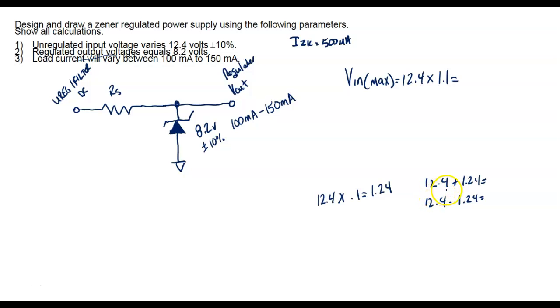So what do we come up with? 12.4 plus 1.24. So what we got? 13.6. Well, let's take 12.4 and multiply it by 1.1.